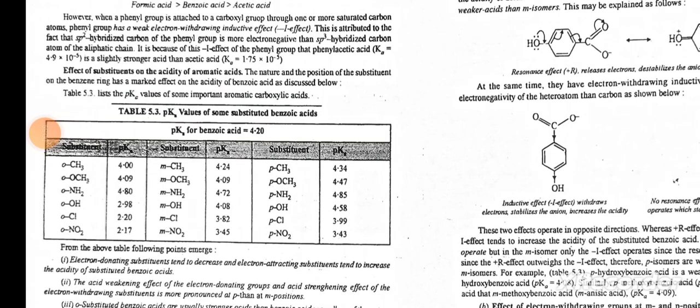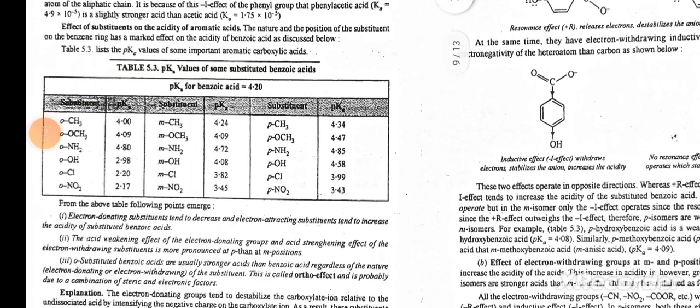This is attributed to the fact that the sp2 hybridized carbon of the phenyl group is more electronegative than the sp3 hybridized carbon atom of the aliphatic chain. It is because of this minus I effect of the phenyl group that phenylacetic acid is a slightly stronger acid than acetic acid.